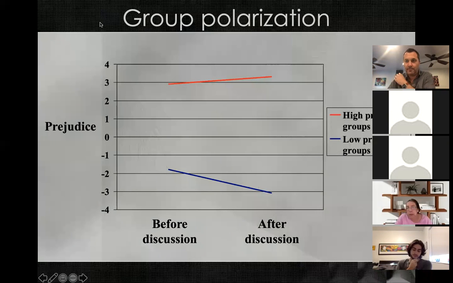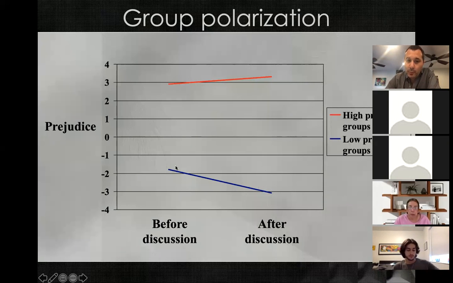After group discussion, the researchers asked everybody again a series of questions that would measure how prejudiced they were. And what these data are showing is that when you take high prejudice people, this red bar here, and have them all discuss this issue of desegregation, then over time after discussion, they become even more prejudiced. That's why the red line is sloping up, right? They became even more against desegregating the buses.